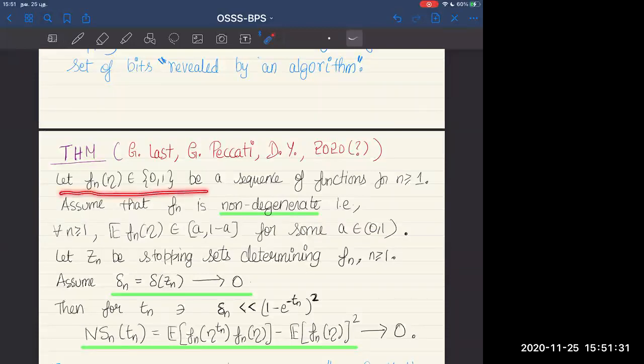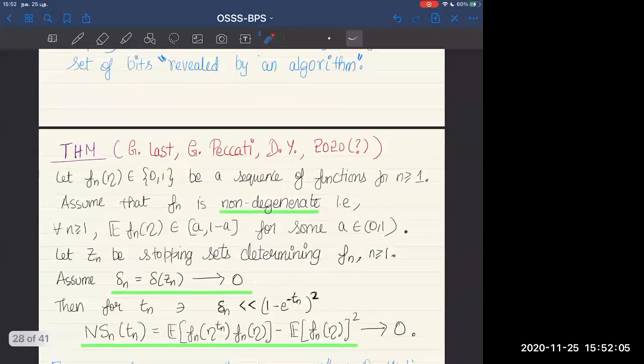So I have a sequence of functions, 0-1 valued. Assume that it is non-degenerate, that is, for all n, the expectation of Fn is neither 0 nor 1. I have a sequence of stopping sets Zn that determine Fn. And now the revealment probability should converge to 0.